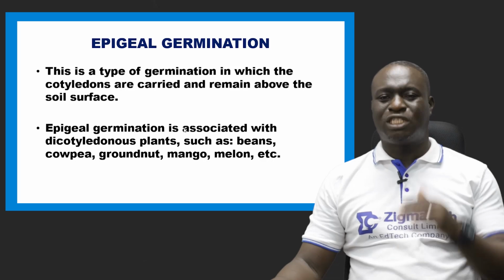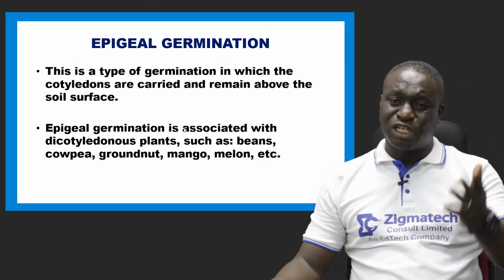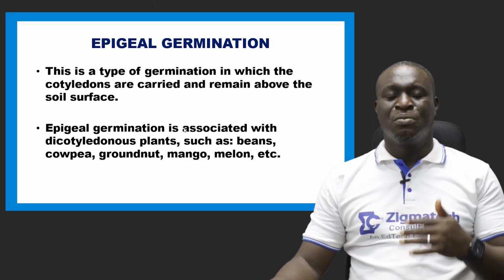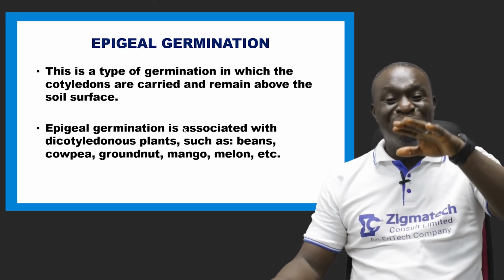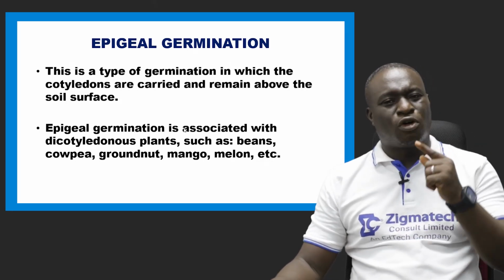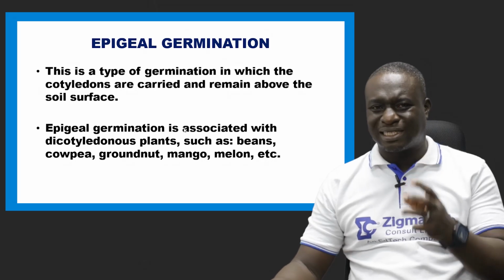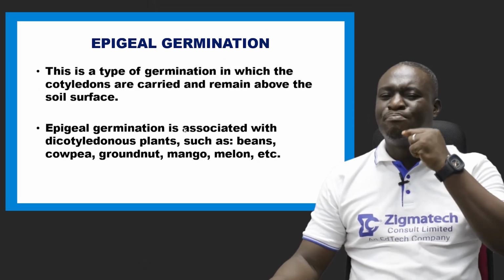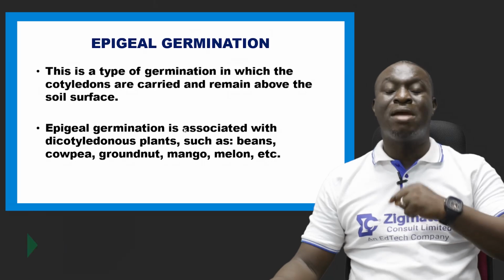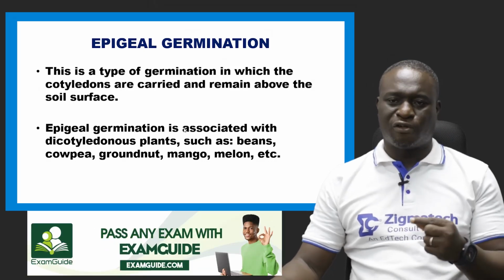Epigeal germination is a type of germination in which the cotyledon, that's the seed itself, is carried above the soil and remains above the soil surface.